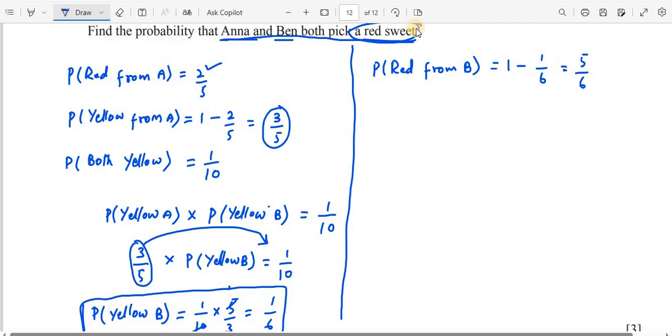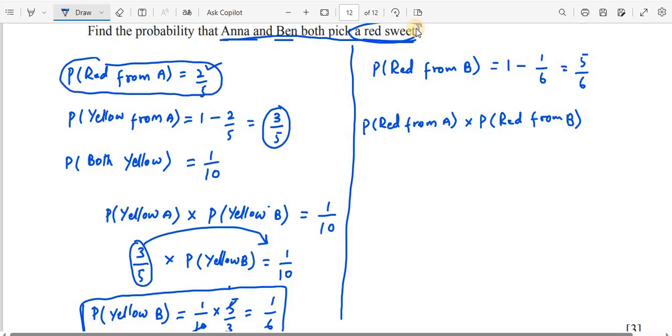So probability of red from A multiply probability of red from B. The probability of red from A is 2 by 5, multiply probability of red from B is equal to 5 by 6. 5 cancels with 5, and 2 ones are 2 and 2 threes are 6.